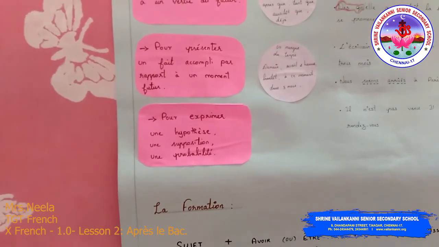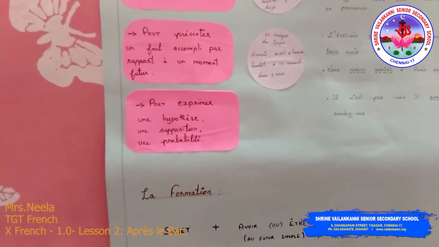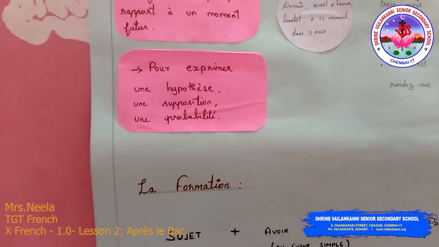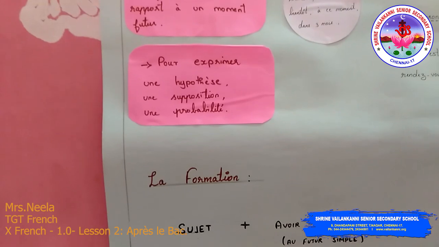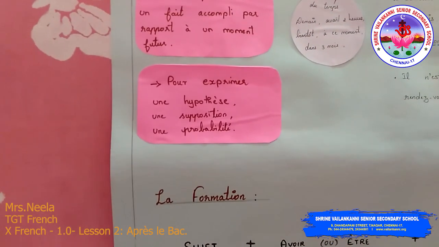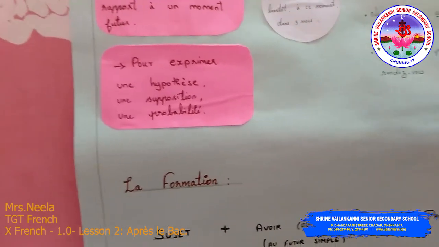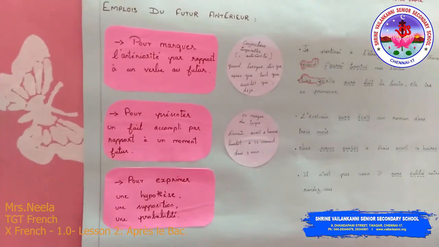Third one: pour exprimer une hypothèse, une supposition, une probabilité. That is to express predictions or suppositions. You are not certain about anything, but you are predicting things that may have happened in the past. In these three cases, you will be using the futur antérieur.